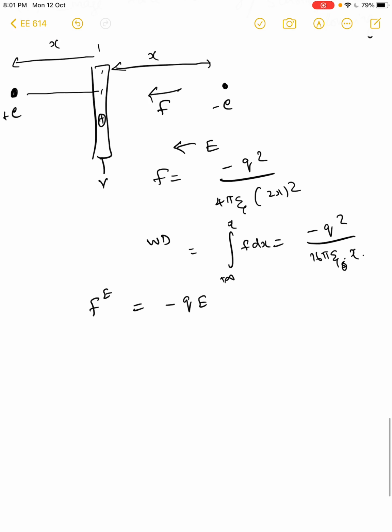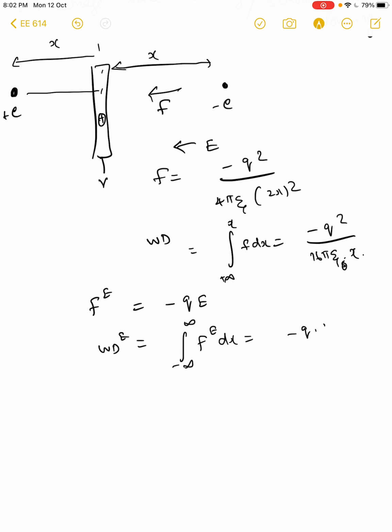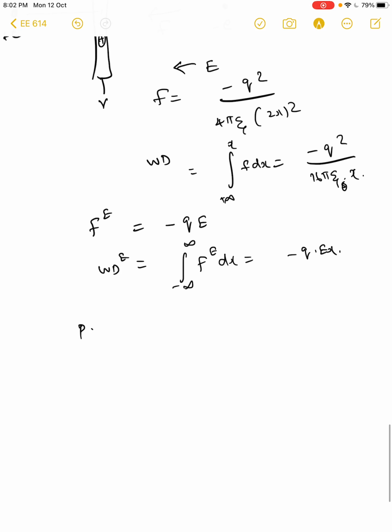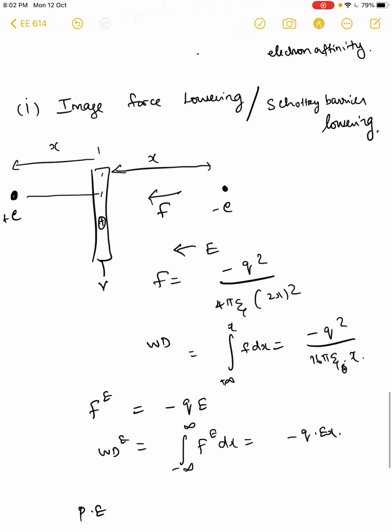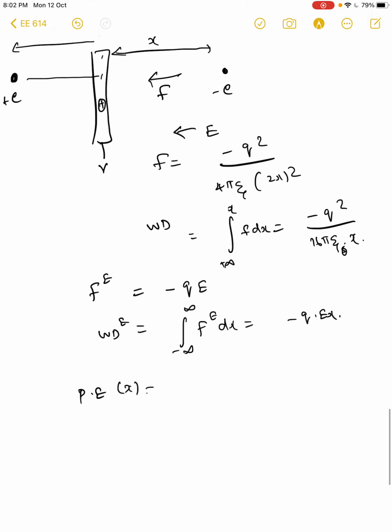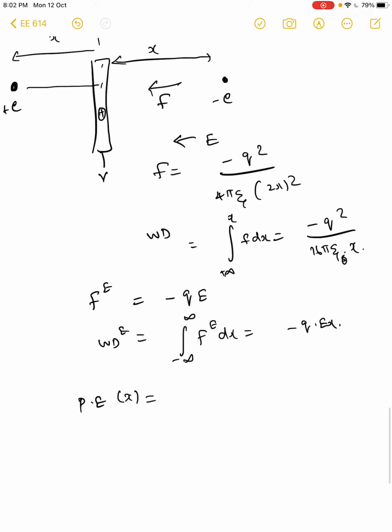And once again you can do the work done because of this external force, which will be minus integral of F dx, which will turn out to be minus qEx. So the total potential energy of this electron at any point x is the summation of this Coulombic force because of the image charge, minus q square by 16 pi epsilon naught x, and this term because of the constant field that is present, right?